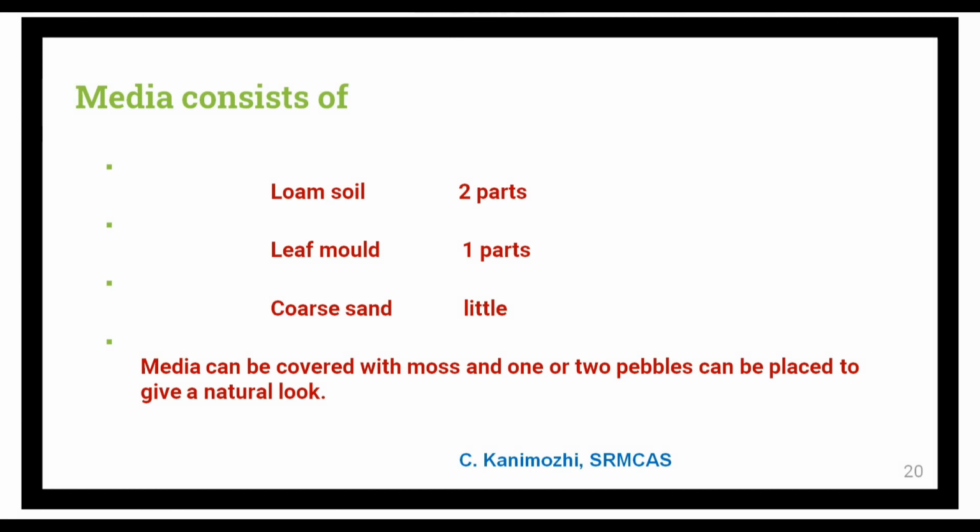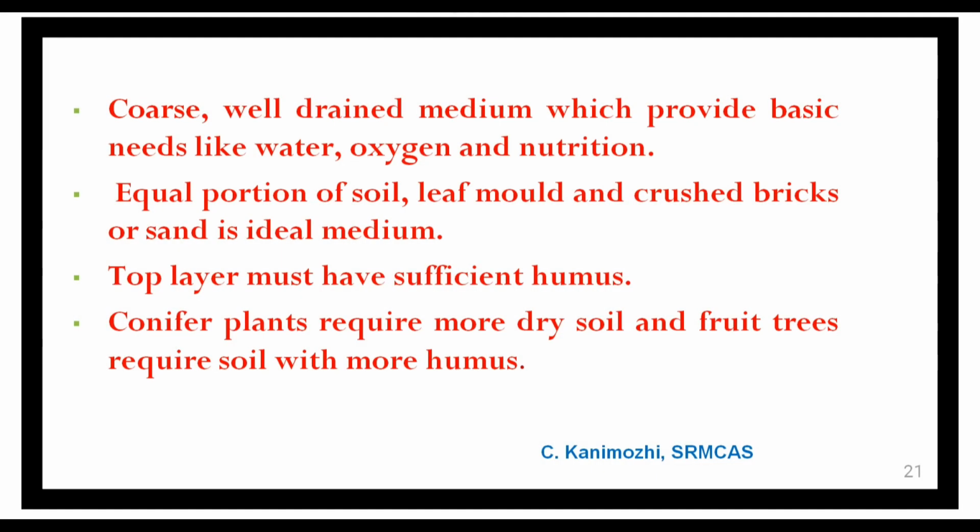And the third important aspect is the media. Usually the media will have 2 parts loam soil, 1 part leaf mold, and a little coarse sand. The media can be covered with moss, and 1 or 2 pebbles can be placed over it to give a natural look.